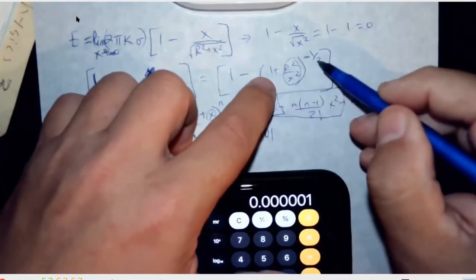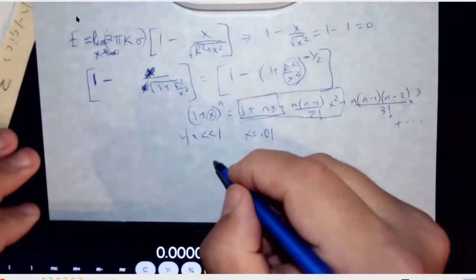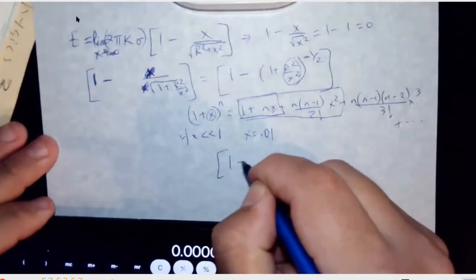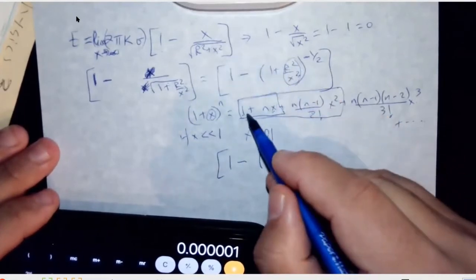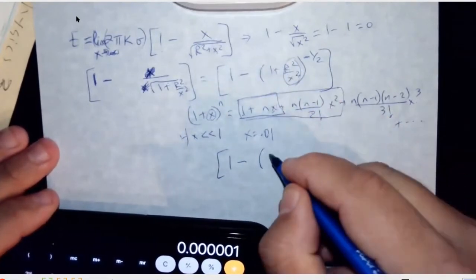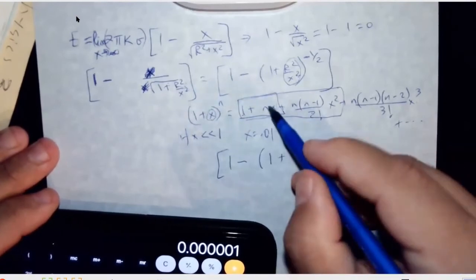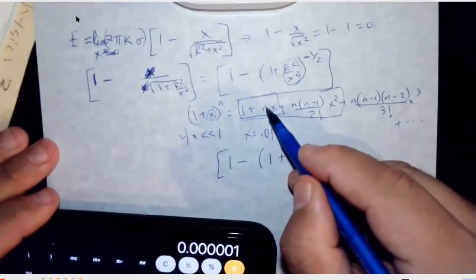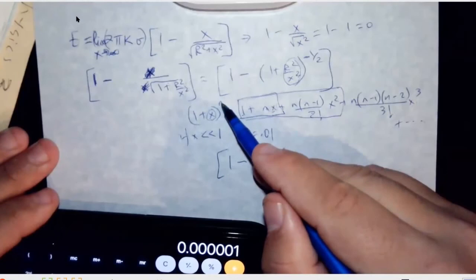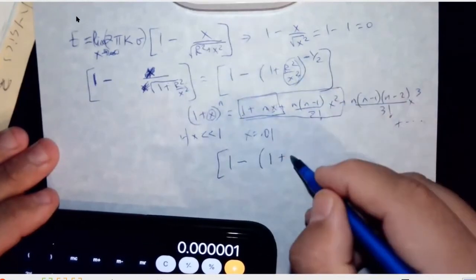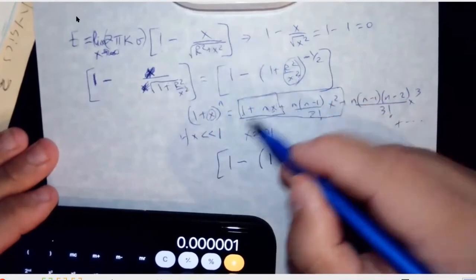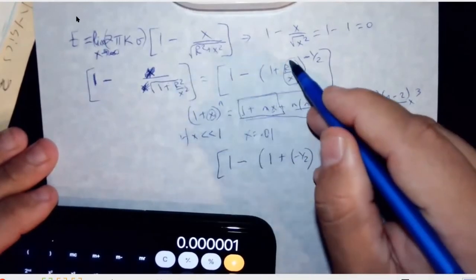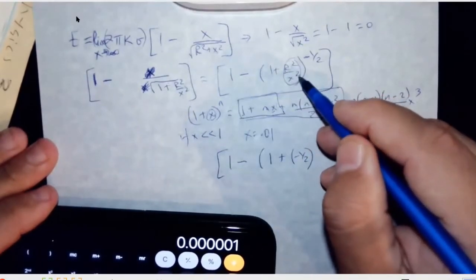So then when you expand this, you're going to do what? 1 minus, right? So take this and expand it to the first two terms. 1 plus, what's the n in our case? The n is this one, which is the negative half, right? And then times x, and in my case, my x is r squared over x squared.